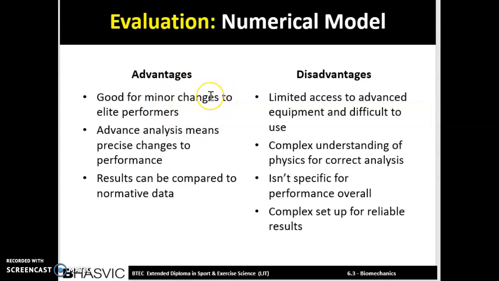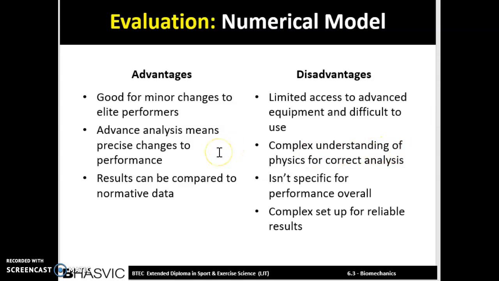And this is a good way to do it. So using the numerical model, as for example the camera shots using super slow-mo, or the Vicon 3D imaging, to be able to properly assess where they are lacking in their performance or technique, for example.